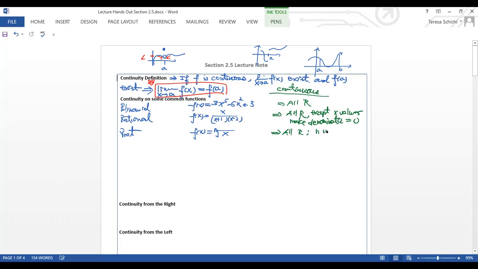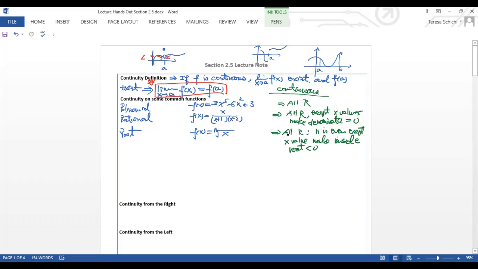If n is even, then inside the even root cannot be negative. So it's all real numbers except the x values that make the inside of the root less than 0, right?